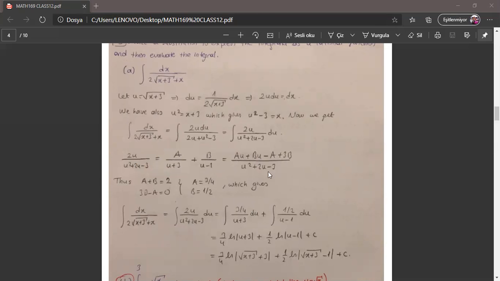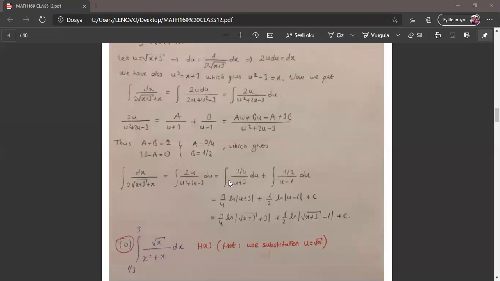Now we have this fraction. Now 2u equals that, so a plus b equals 2, and as there is no constant here, the remaining part will be equal to 0. So a and b are these ones, okay? So here we had this. Now it turns out this decomposition.